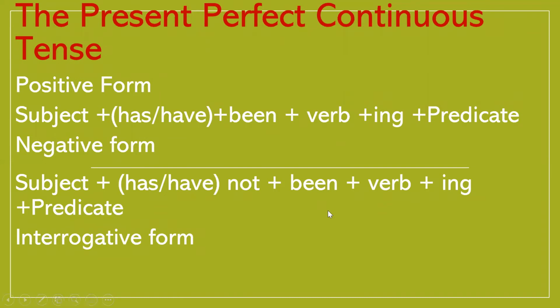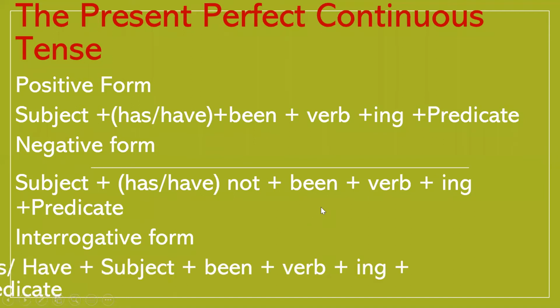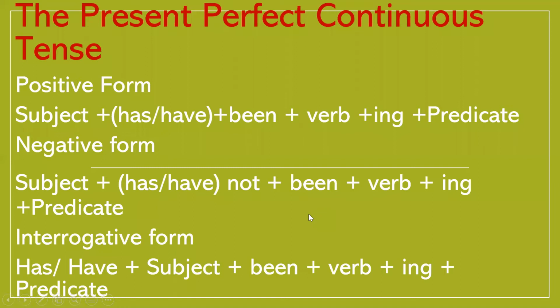Anushka Jaiswal, 8C. Ma'am, has or have plus subject plus been plus ing plus rest of the predicate. Yes, your audio is not very clear, but then has or have plus subject plus been plus verb plus ing, means present participle form of the verb, plus predicate. So that is the form of the present perfect continuous tense.